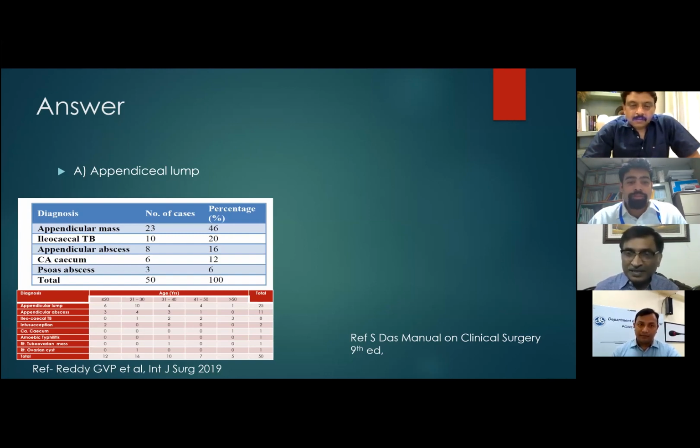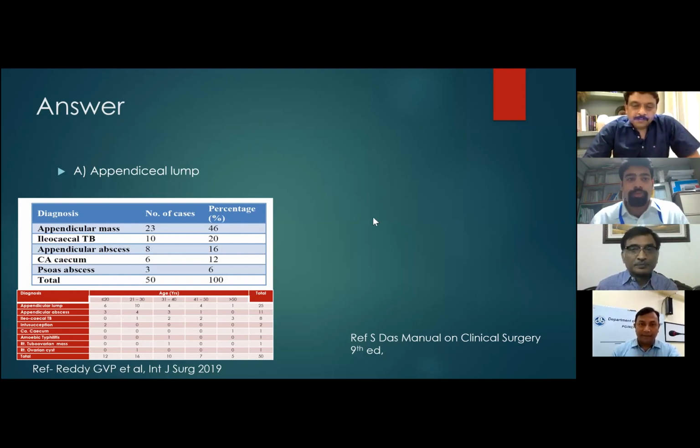So the actual answer goes against the public opinion of this meeting. But the fact remains that appendicular lump is the commonest type of lump in the right iliac fossa. In our day-to-day practice also we feel appendicular lump is the most common. So let's see what the participants have made as the differential.